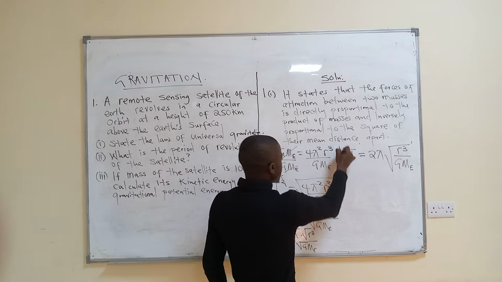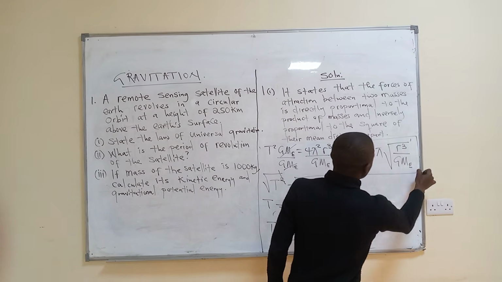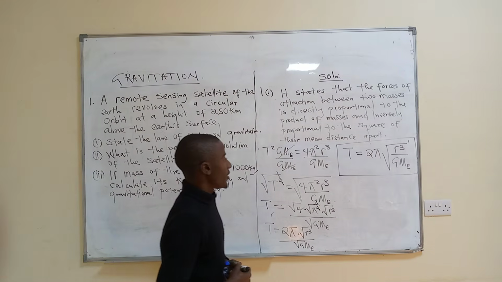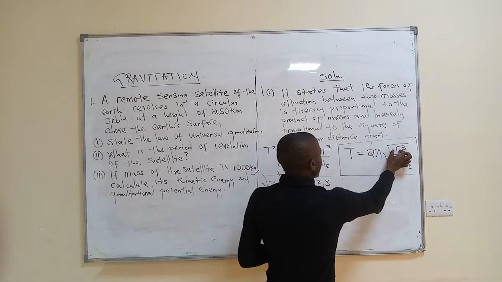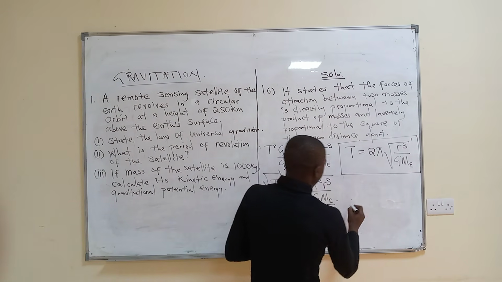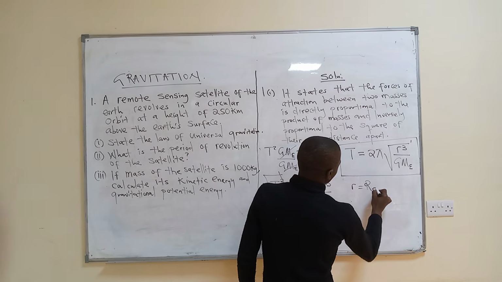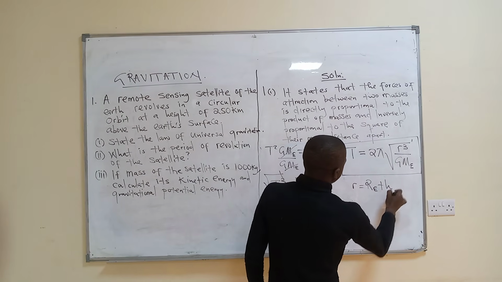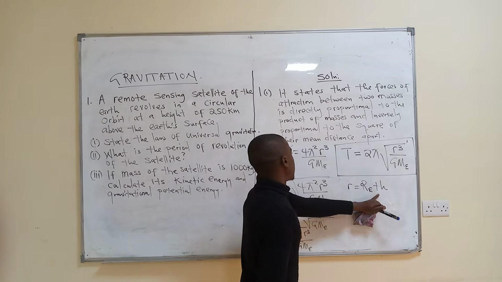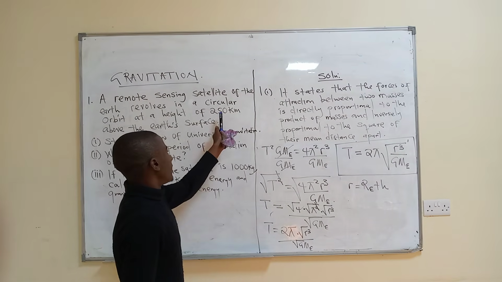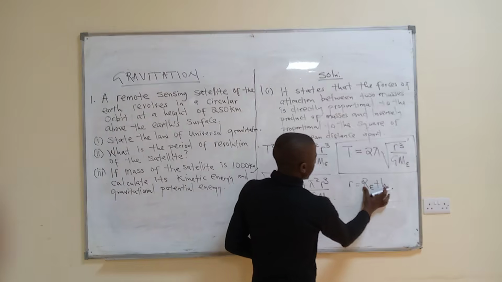This formula that you have derived is the formula for calculating the period. Another thing to bear in mind is that this radius is given by r equals radius of the Earth plus height. So we are not supposed to neglect the height that you have been given in the question. To include it, we substitute the radius with this.